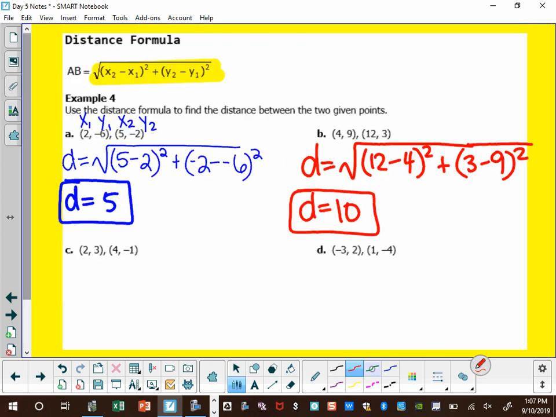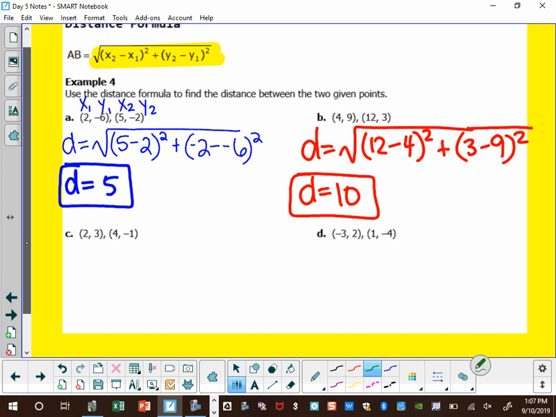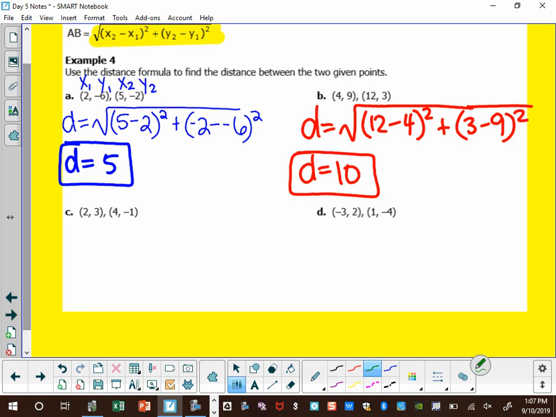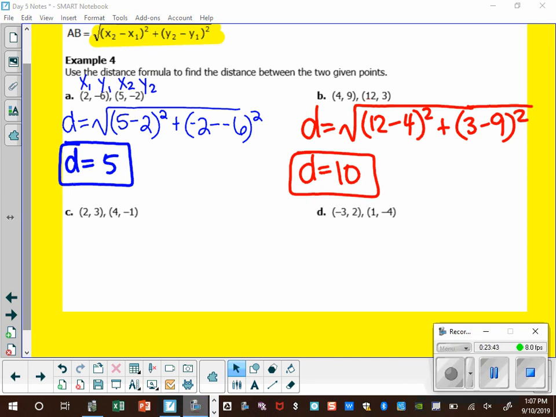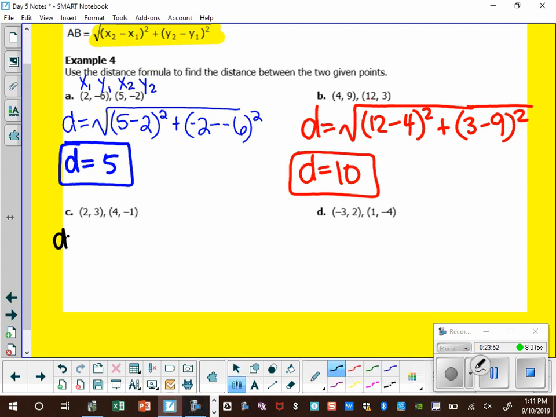Letter C. I want you guys to do C and D. We'll check the answers in 5 minutes. For letter C, you should have your distance equals 4 minus 2 squared plus negative 1 minus 3.